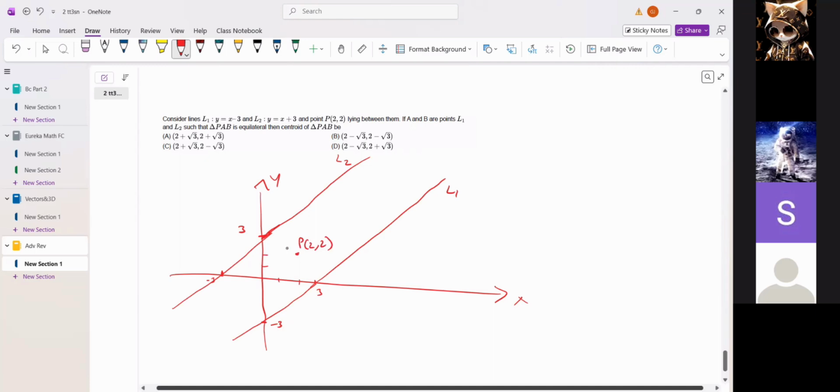And if A is a point on line L1 and B is a point on line L2, it says that PAB is an equilateral triangle. So I'm just drawing an assumption from my mindset. We're asking for the centroid of PAB.